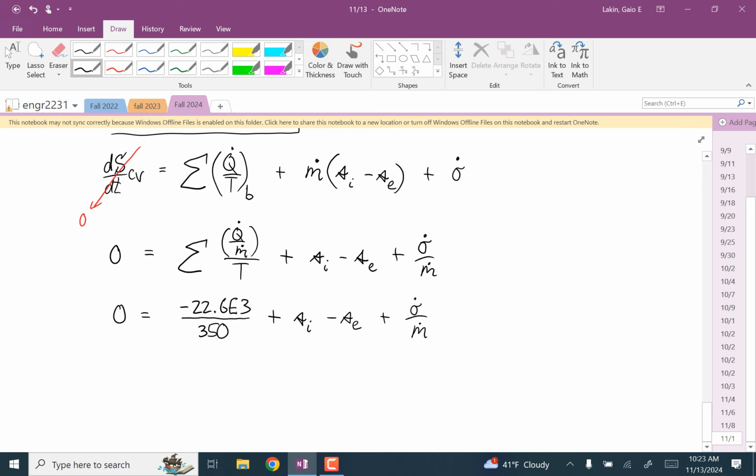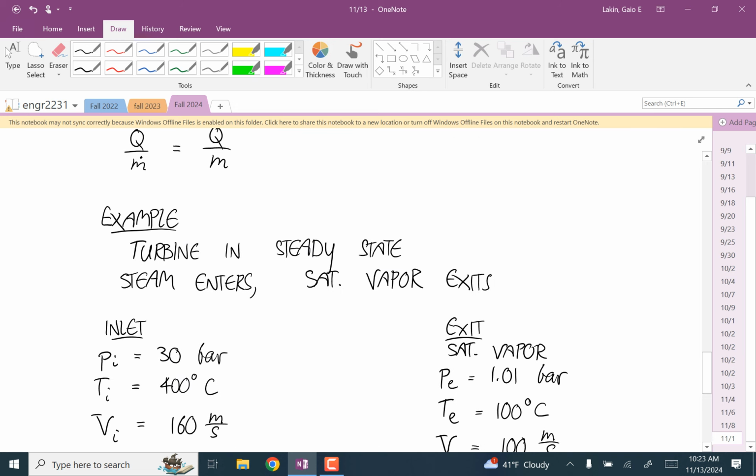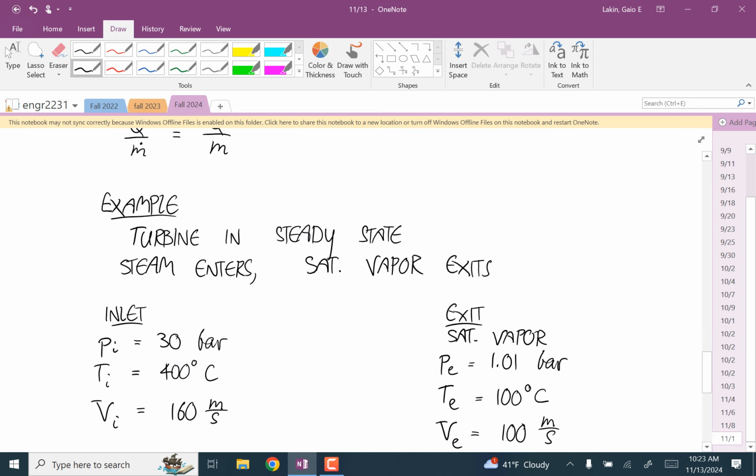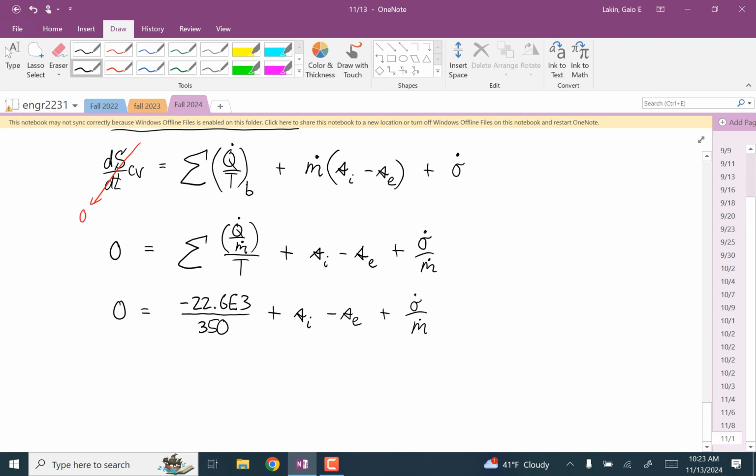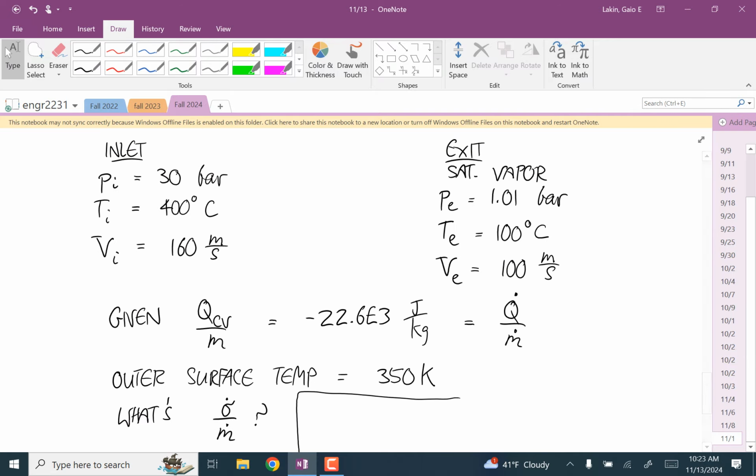Now we're close. We just have to use a table to look up. This is steam, so it's water. So we have tables for all this stuff. So now in the tables, we just have to look up these specific entropies. At the inlet, we have a temperature and a pressure, so we can look it up. At the exit, it's a saturated vapor, so we actually have more information than we need.